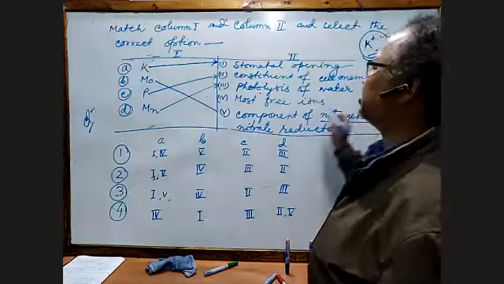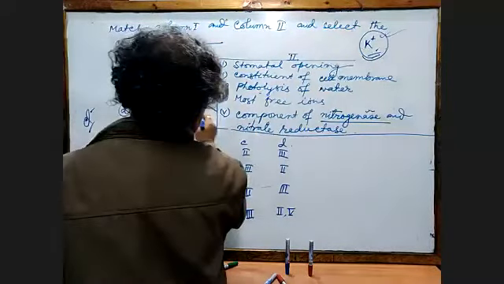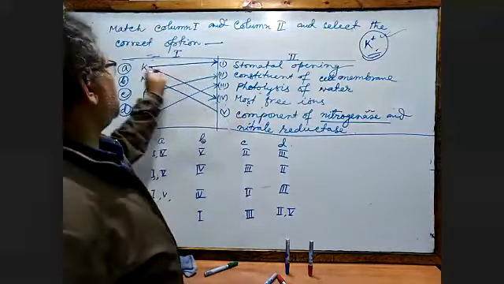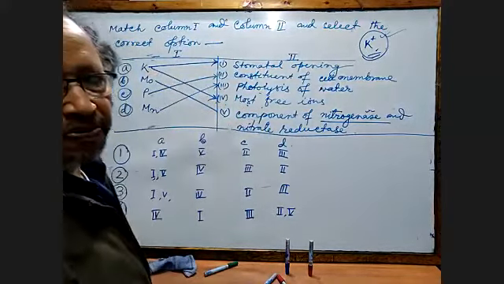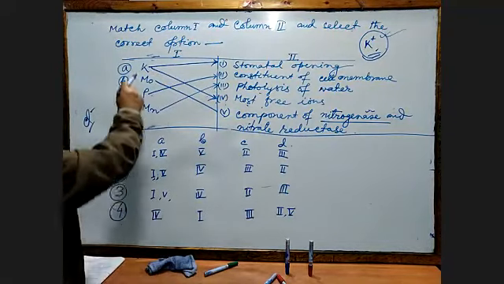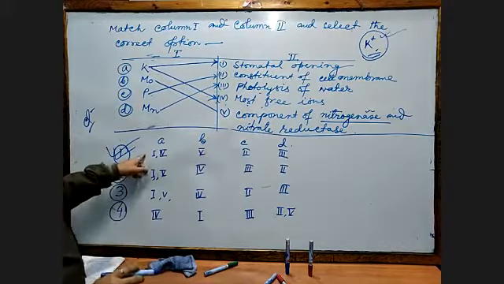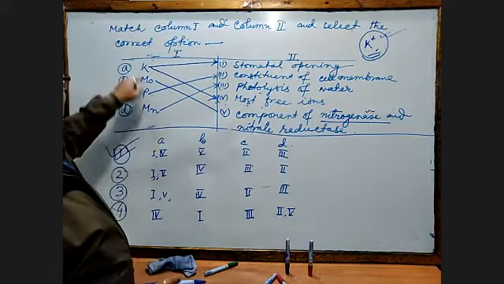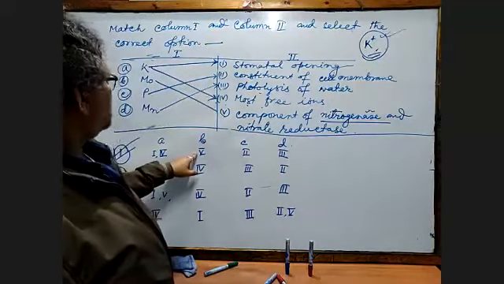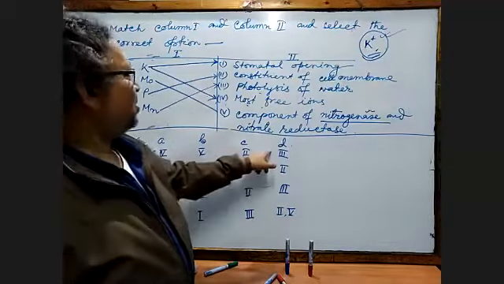So this is true for potassium also: most free ion present in the cell cytoplasm. So all these are satisfied by our number one. A is 1 and 4, B is 5, C is 2, and D is 3.